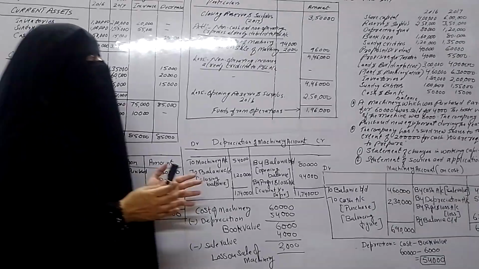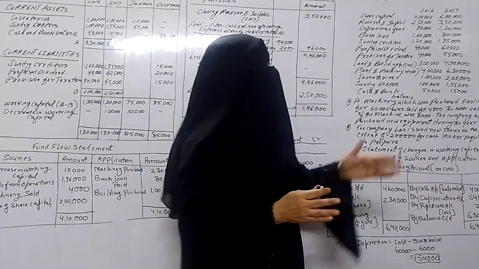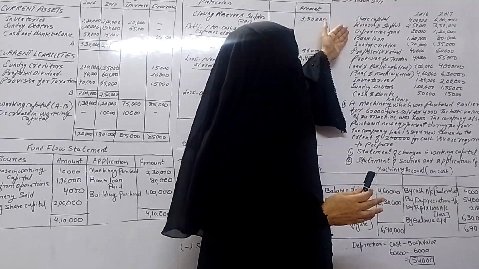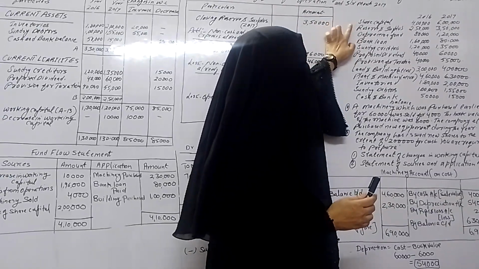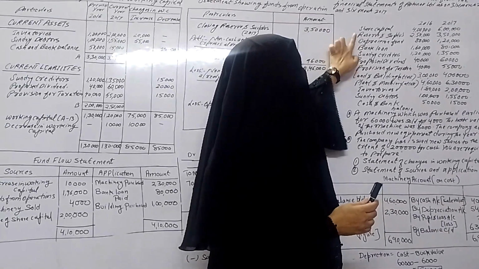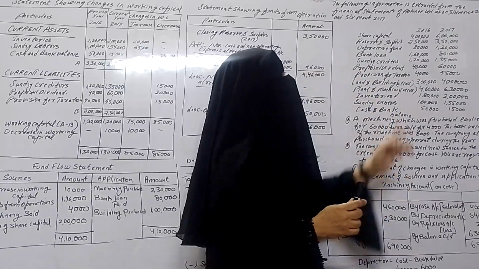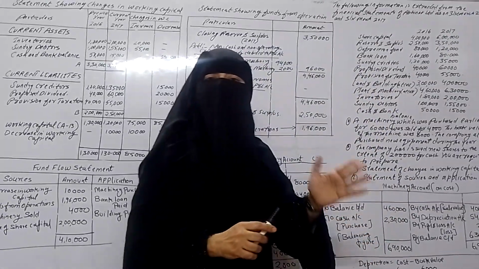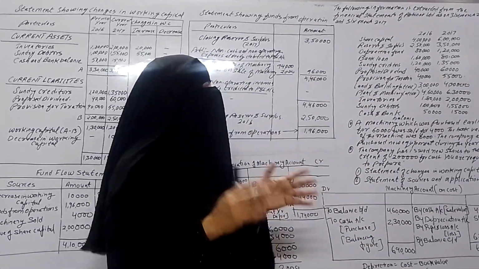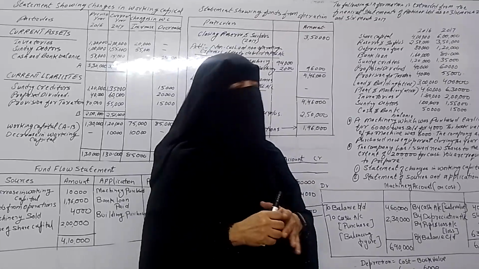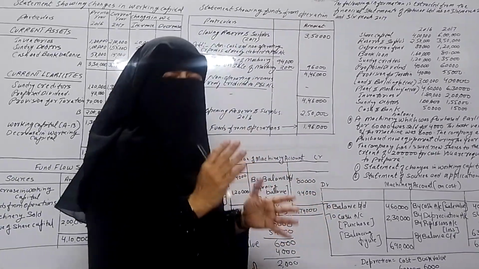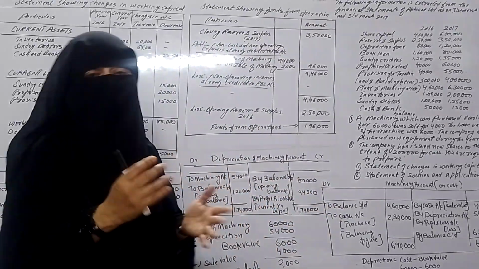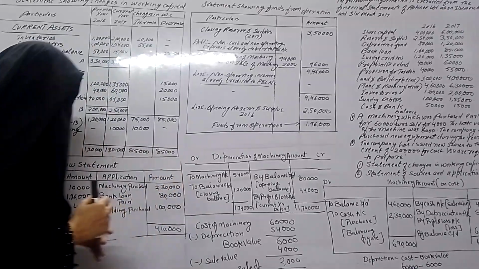Now other liabilities except current liabilities. Except current liabilities, the other liabilities are share capital and bank loan. Under share capital, in the first year it is 4 lakh and in the second year it is 6 lakhs. The change is 2 lakhs. Share capital has increased. That means we issued shares, so cash is an inflow.